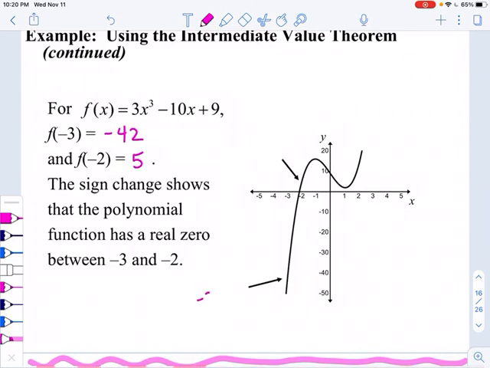When we were at -3, we had -42. That's where this ordered pair would have ended up being that point. And when we were at -2, we had an answer of 5. Here is our one real solution. That shows us that it's going to cross the x-axis somewhere at -2-ish.